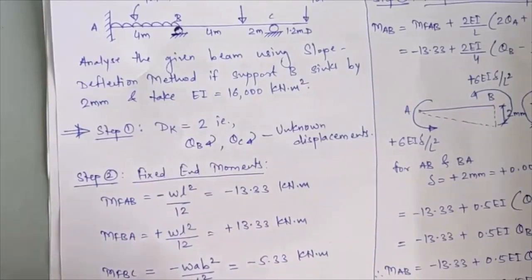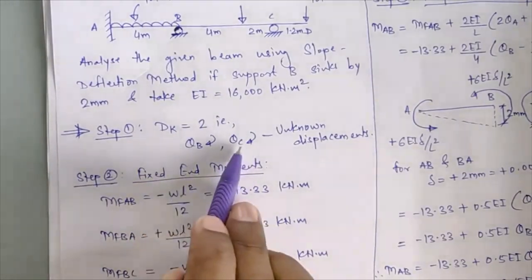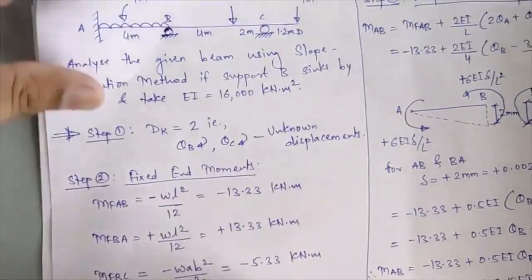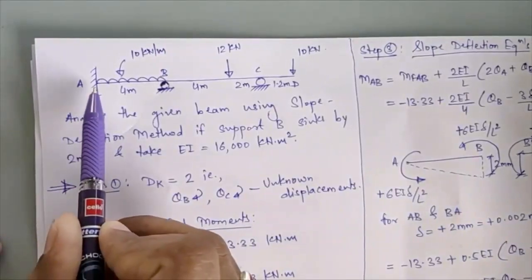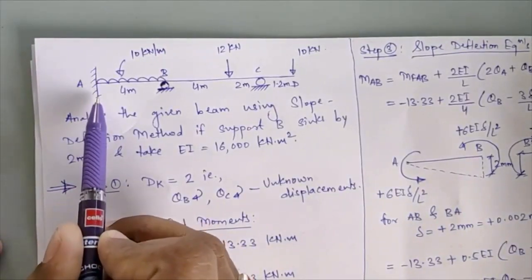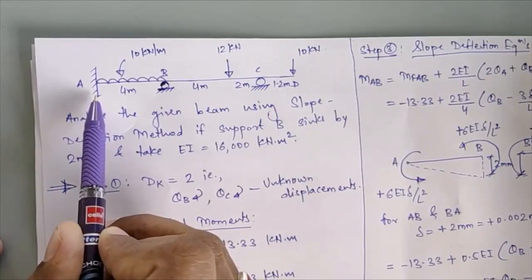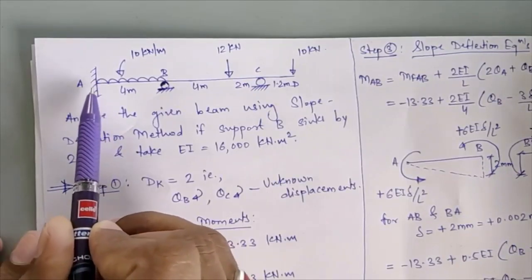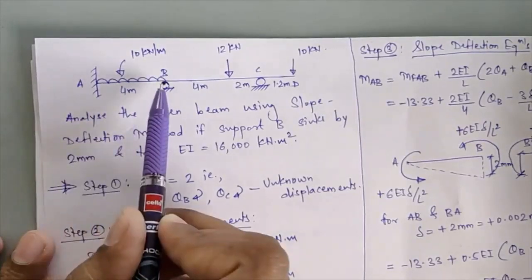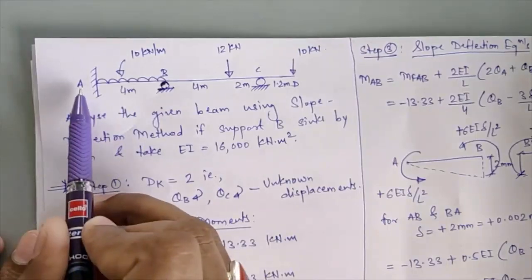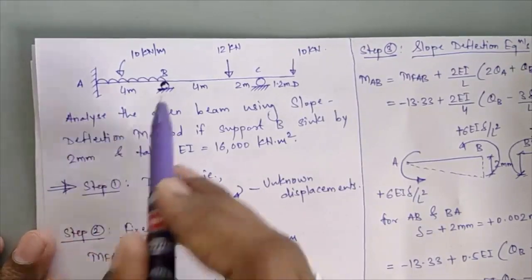For solving these two unknowns, that is theta b and theta c, you will require two equations, that is, two conditions of equilibrium will emerge. Suppose at point A, this support A is a fixed support, so that can resist bending moment. So we cannot say that MAB will come 0, like we have taken MAB equal to 0 in the previous numerical. So that condition will not arise at point A.